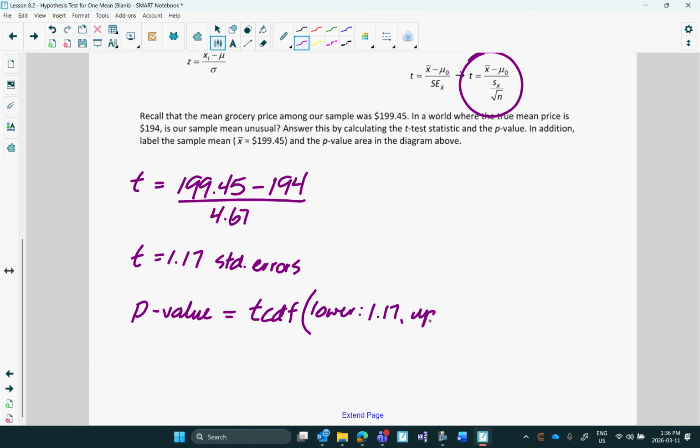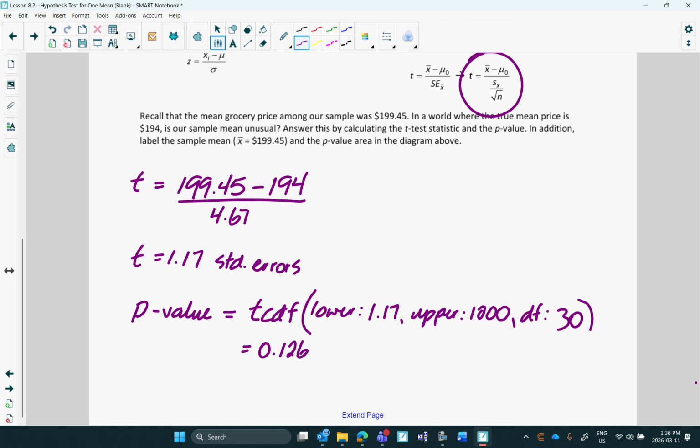Our upper value is something ridiculously high. And if you look at tcdf, it also asks for the degrees of freedom, which are? So in this case, it would be? 30. Good. Okay. And when we do that, we get approximately 0.126, or about 12.6%.